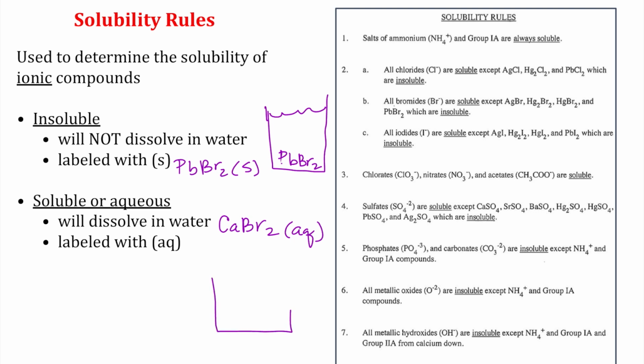And so we could draw our beaker showing what is going to happen. If something is soluble, it is going to break up into ions because that water will dissolve apart those ions. And so we would model something that is soluble by breaking up that ionic compound into the ion parts.